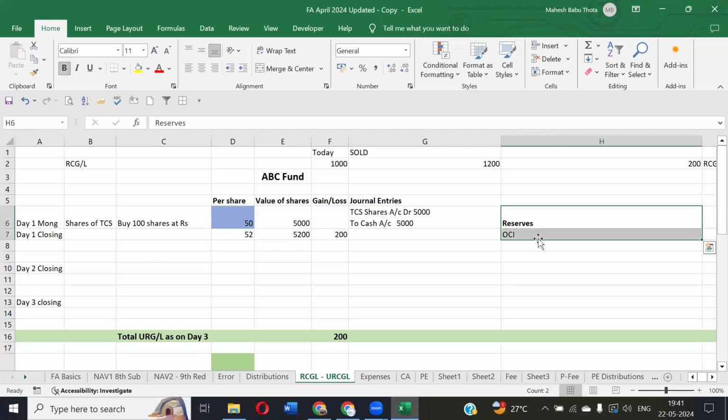Is it a part of liability to calculate NAV? Yes or no? No, sir.